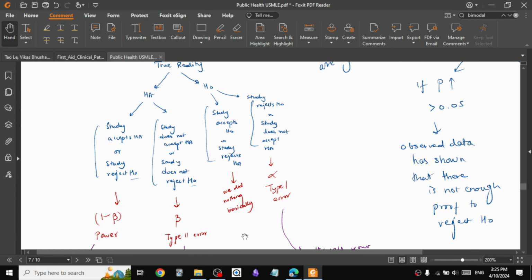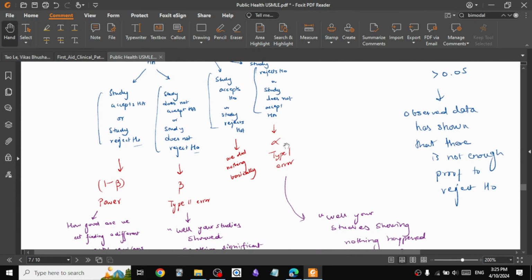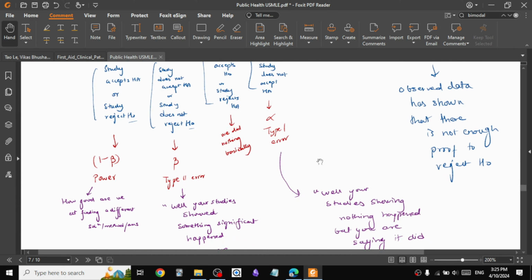That is this column, and now you have H naught, and the study rejects your H naught. Okay, so it's leaning towards your HA, right? So in reality the null hypothesis must be true, but we're saying the alternative is true, right?